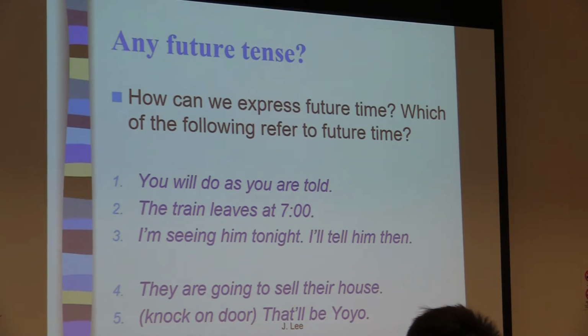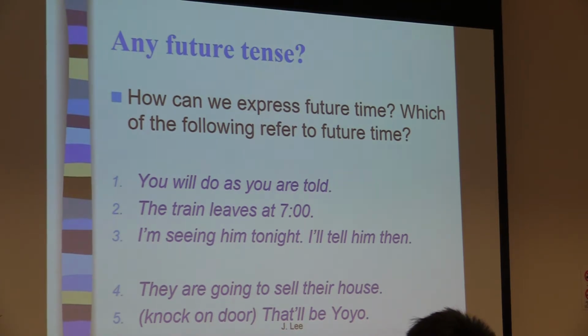How about I'm seeing him tonight? Present progressive. And they are going to sell their house, are going to do something. So you can see there are many different ways to express future time. And someone is knocking on the door and you say, that will be Yo-Yo. That is your prediction.